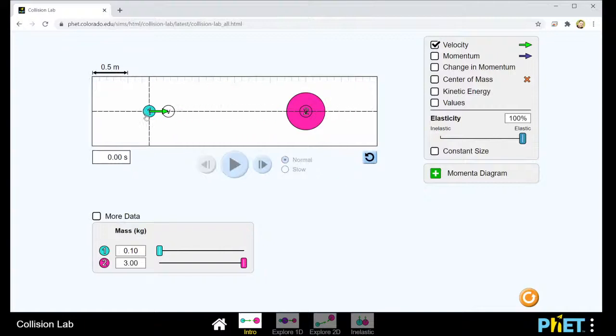Reset. So here you have a situation where the blue ball almost bounces perfectly off the red ball and it starts going the other way. The red ball, the pink ball, does gain a little bit of momentum and starts moving, but not very much.